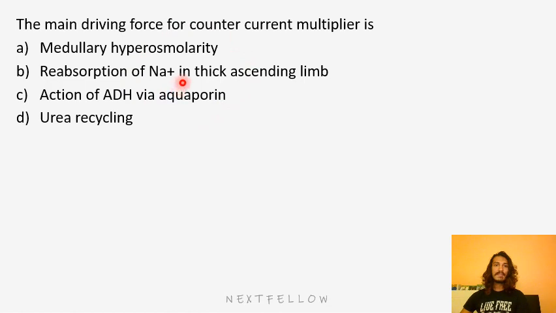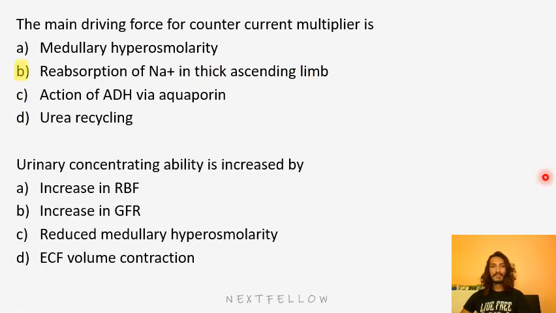But to make the countercurrent multiplier, the main driving force is the reabsorption of sodium happening in the thick ascending limb. So that is what ultimately the countercurrent multiplier does. Yes, so that's the answer.